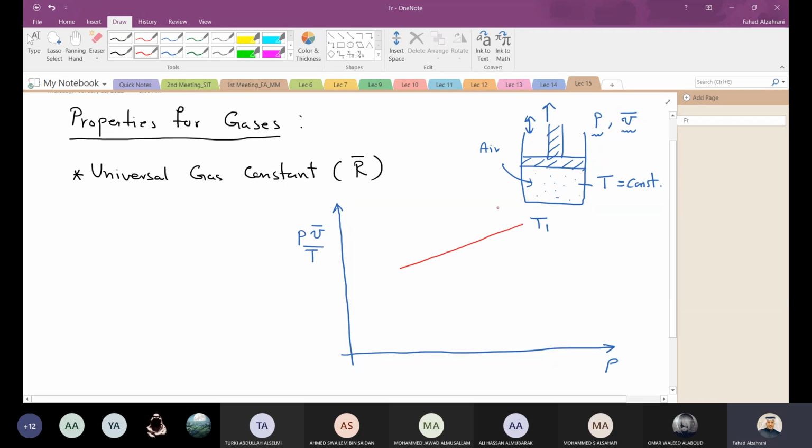So the PV over T versus P came out to be a linear relationship. They said, okay guys, let's change the temperature, let's do it at another temperature, let's call it T2. So they changed the temperature of air, fixed it at a different temperature, and then repeated the experiment, measured P, V and T, and then plotted PV over T versus P.